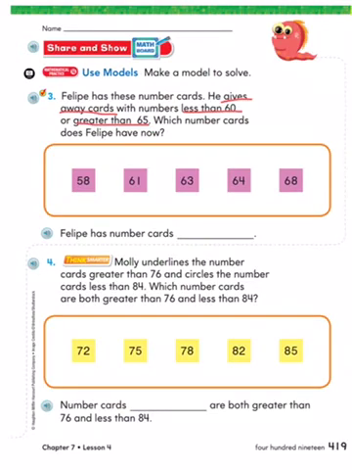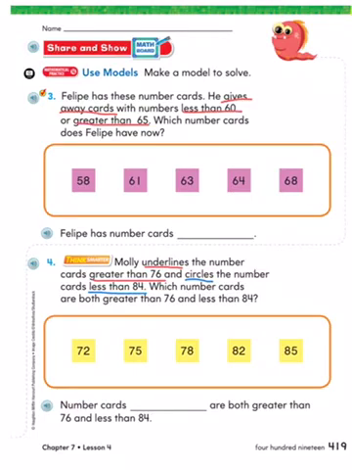Okay, so we know that some of the cards she's going to underline, right? She underlines the cards that are greater than 76. Now some of the cards she's going to circle, okay? She's going to circle the number cards that are less than 84.